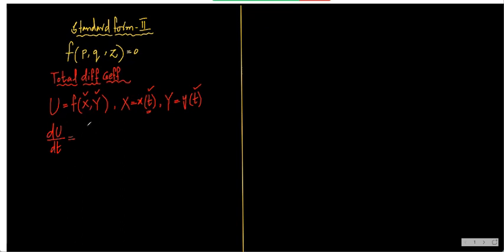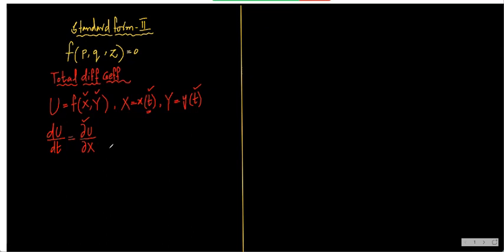Now the value is, how to write, tau u by tau capital X. Why are we using this symbol tau? Can you tell me where we are using it?